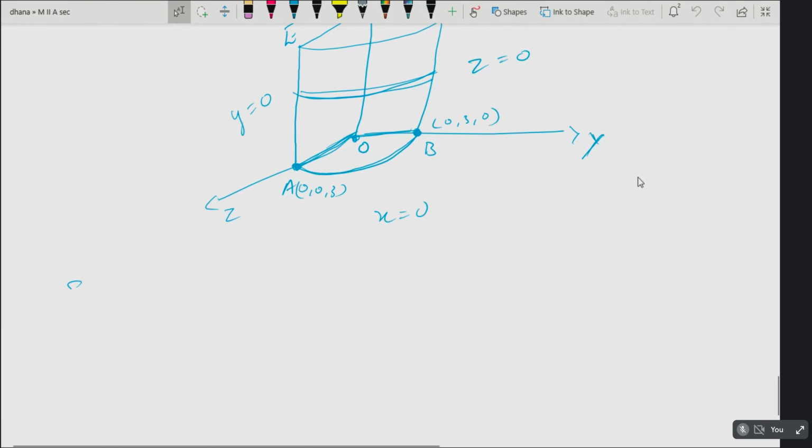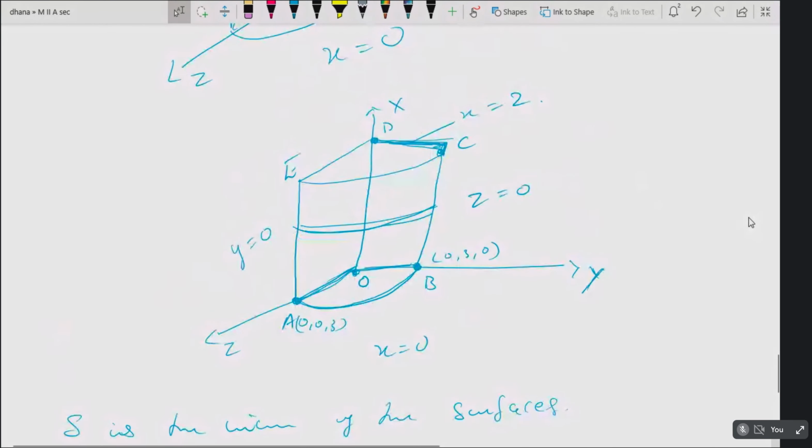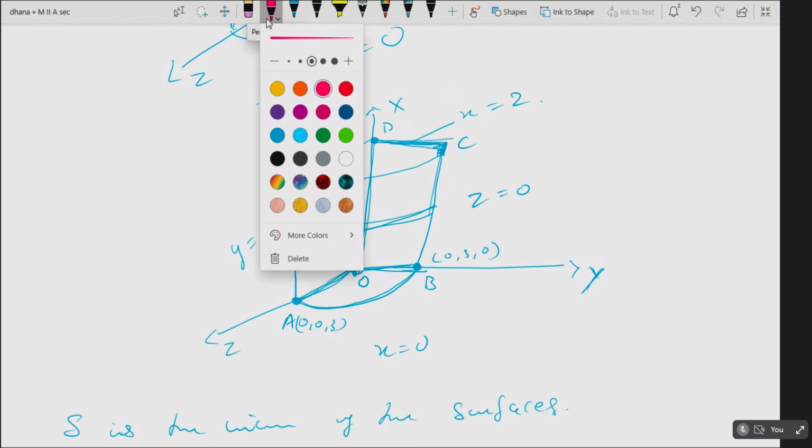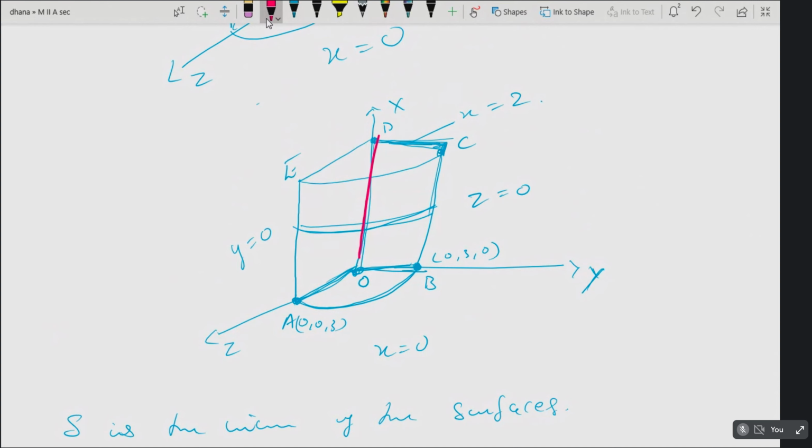So S is the union of the surfaces. Let us see what surfaces are here. First one, you see here O, B, C, D. This part is OBCD.